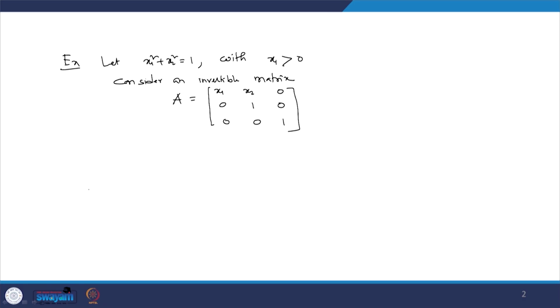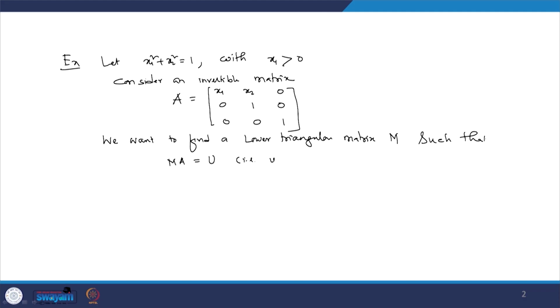We want to find a lower triangular matrix, say capital M, such that M into A equals some unitary matrix.